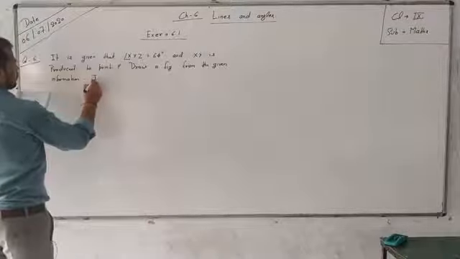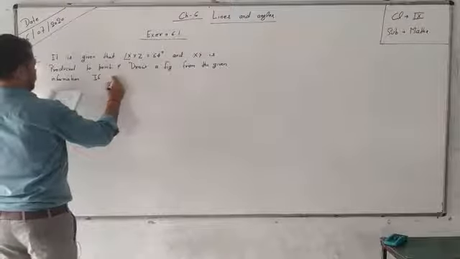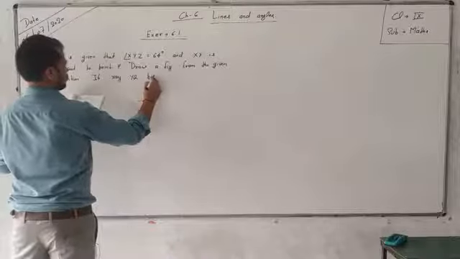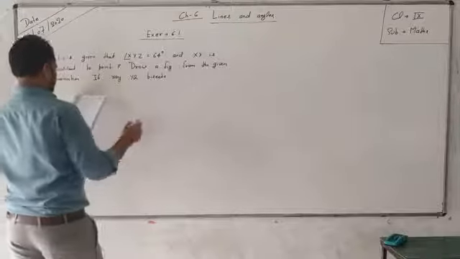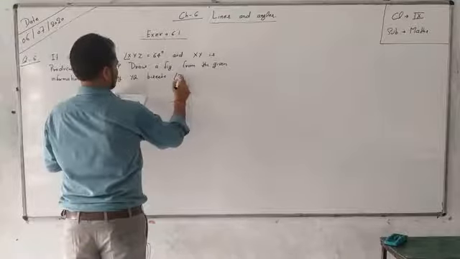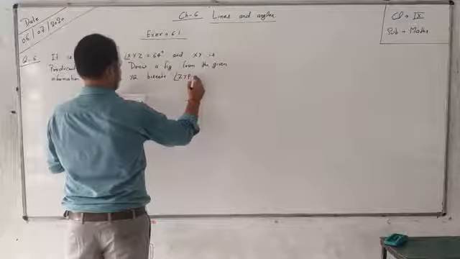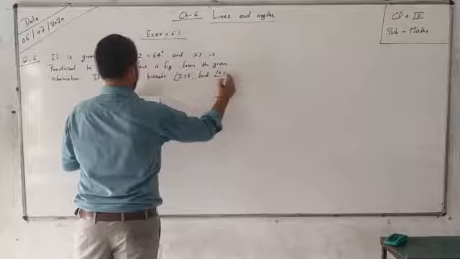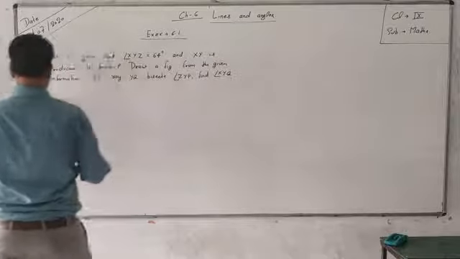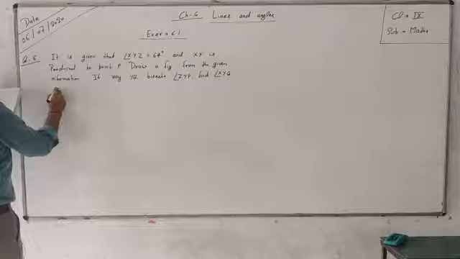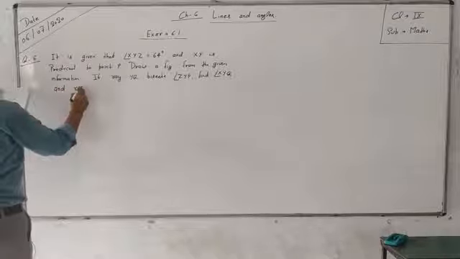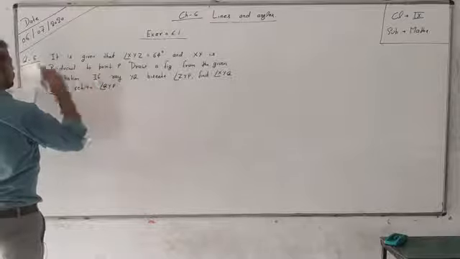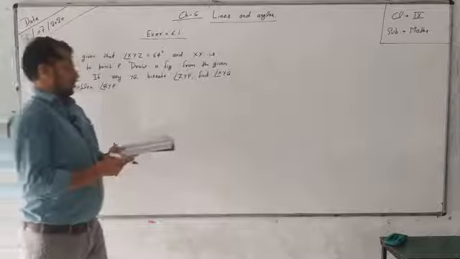If ray YQ bisects angle ZYP, find angle XYQ and reflex angle QYP.